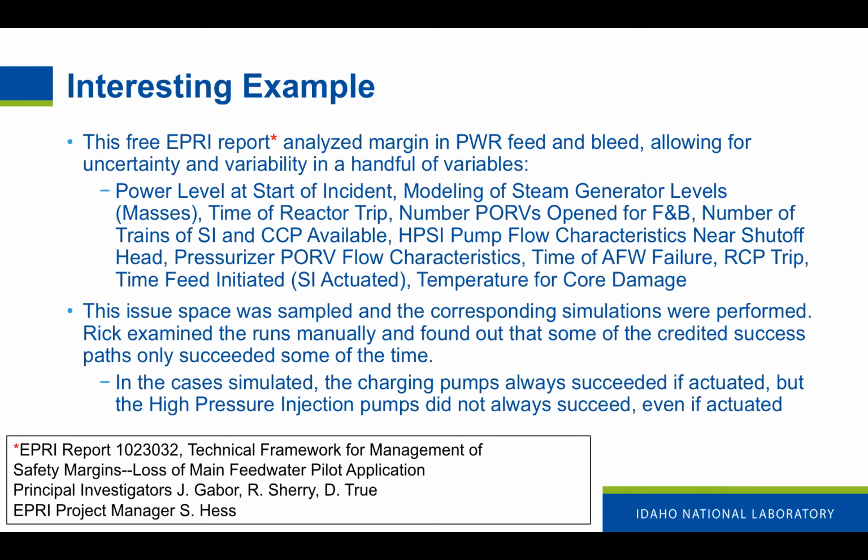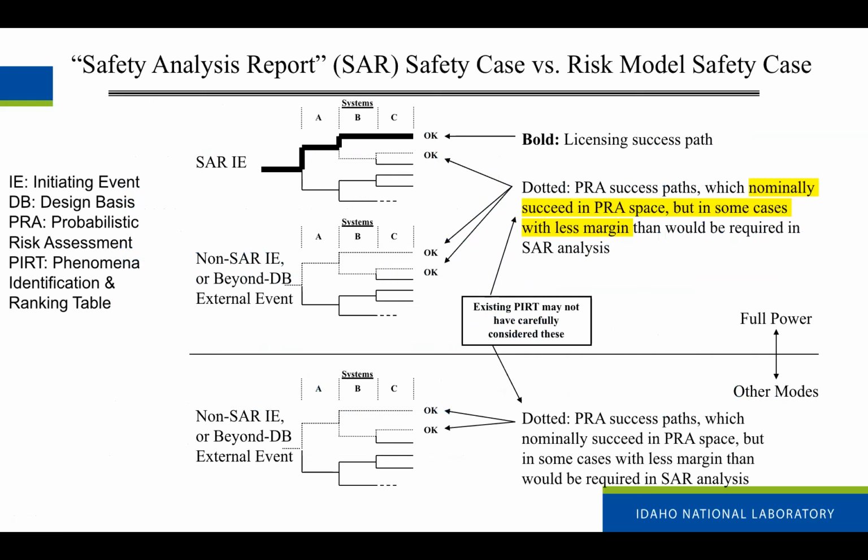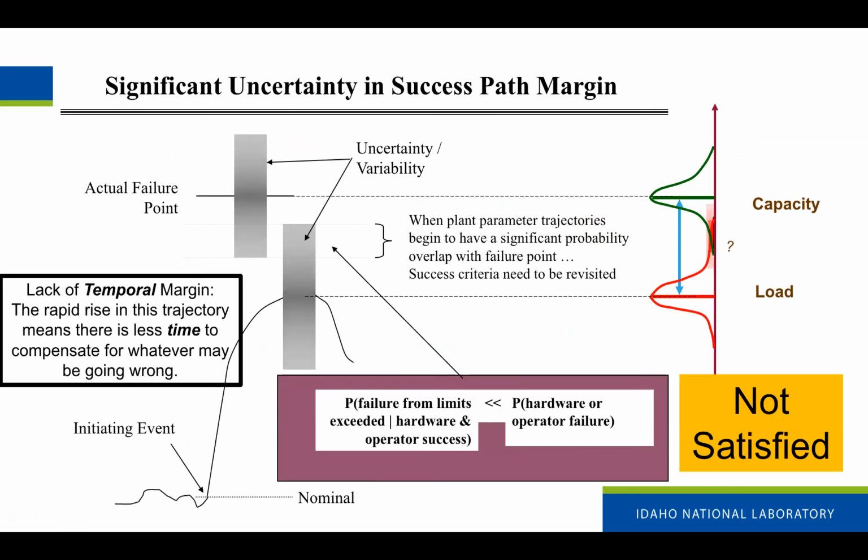Those guys analyzed margin in PWR feed and bleed, identified a bunch of variables listed in the sub-bullet of the first main bullet. A bunch of different cases there actually span a couple of ordinary PRA success paths, and found that some of the success paths people would normally invoke actually fail some of the time as a result of this sort of thing happening.